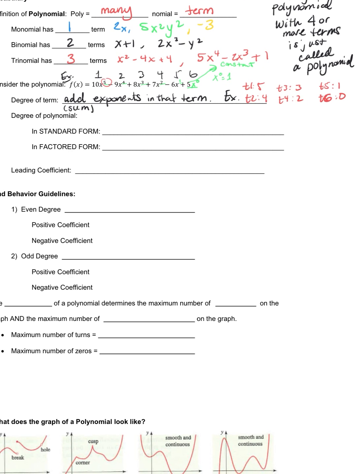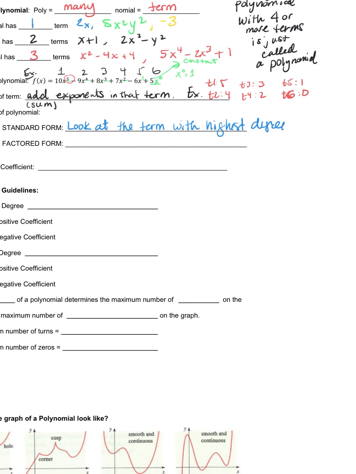Now, we're going to look at 2 different ways when we talk about the degree of the polynomial, the whole polynomial, not each term. So what you're going to do is look at the term with the highest degree, and that will be the degree of your polynomial.